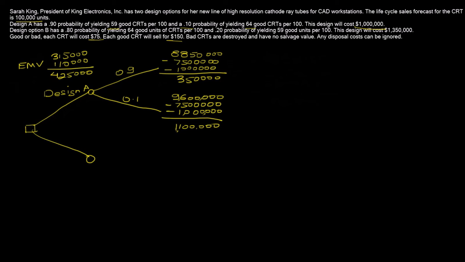So now let's calculate the EMV for design B. For the first option, we have an 80% chance of yielding 64 good units per 100. So there's an 80% chance of getting 64,000 good units, which we would sell for 150. So that would be 9.6 million.